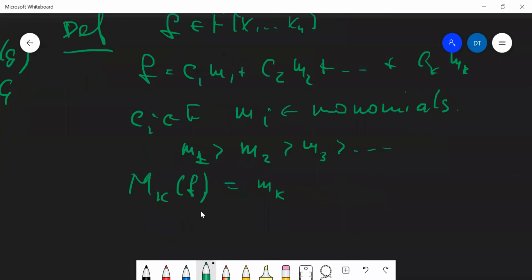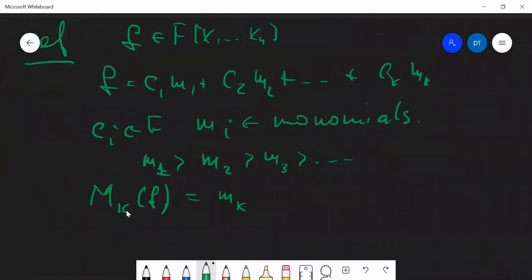Of course, this is not defined for all k. I used exactly the same k in 2 different places. Let's say i. So the ith highest monomial of the polynomial f, and if i is strictly greater than k, then the left-hand side is not defined. So it's defined only if the polynomial f contains at least i monomials.